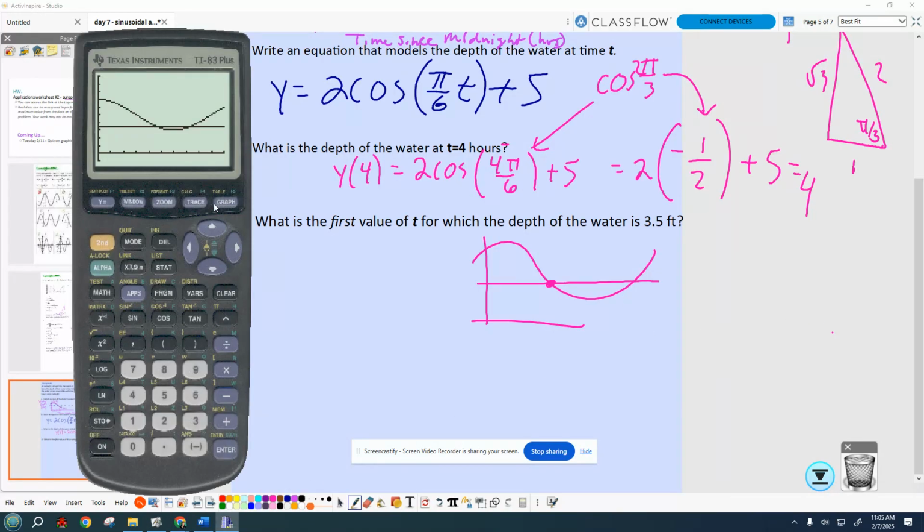Desmos is a lot easier. But for here, we're going to hit the yellow button and then trace. If you look above trace, there's a little yellow word that says calculate. That's why I hit the yellow button first. I want to calculate the intersection. Where do those two lines hit? My calculator says, first curve, question mark. Is it blinking on one of the lines that I want?